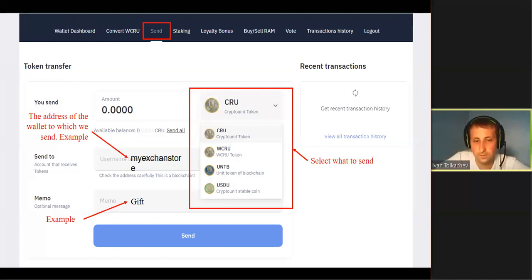What is important to remember here? Once again, please note that the transactions and transfers inside Cryptounit blockchain are commission-free. They are fully free. And the second peculiarity is that these transfers are very fast and quick. Above, I already compared the technology of blockchain of the third generation, Cryptounit blockchain, and Bitcoin-based blockchain.